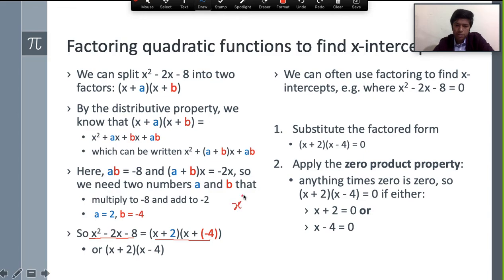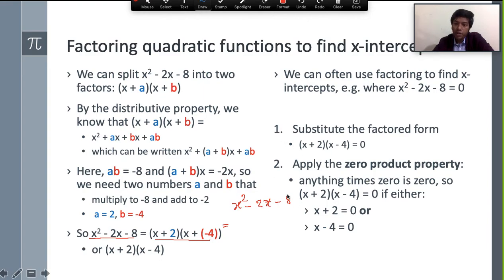x squared minus twice x minus 8, and this factoring we can do in two ways. Some students do it this way. They break down this number 8 and find out what combination will give us a minus 2.